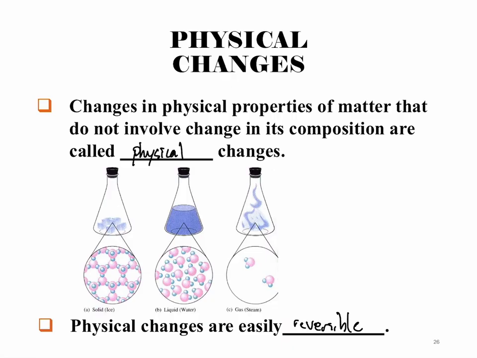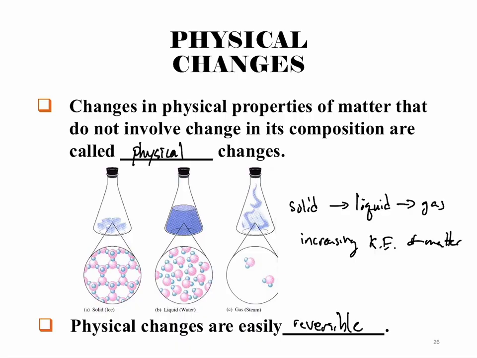And so this process, depending on which direction we're going, is going to be related to adding or taking away energy of the matter. And so as we go from solid to liquid to gas, we're increasing the kinetic energy of the matter.